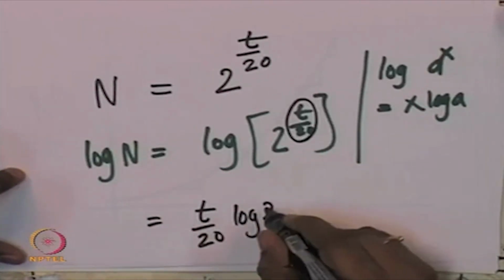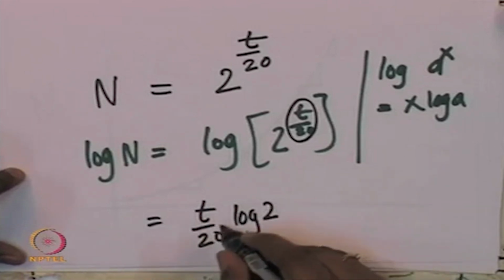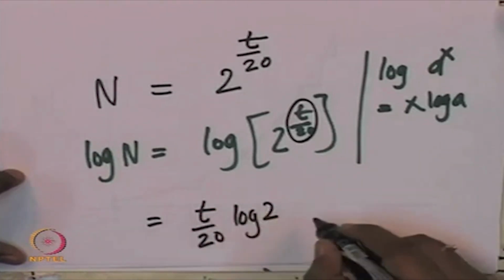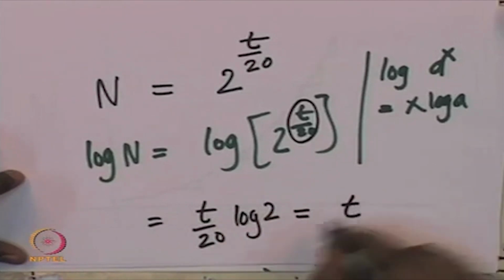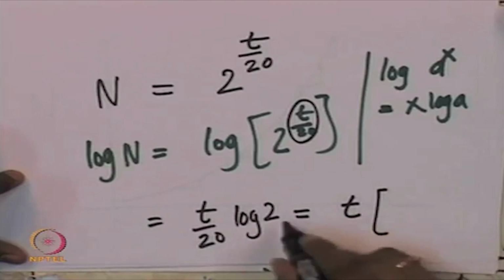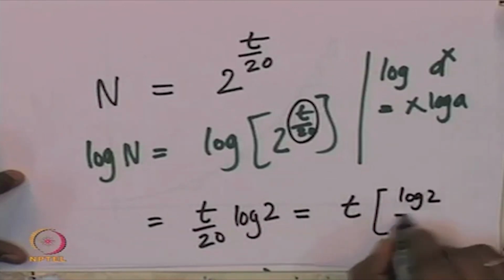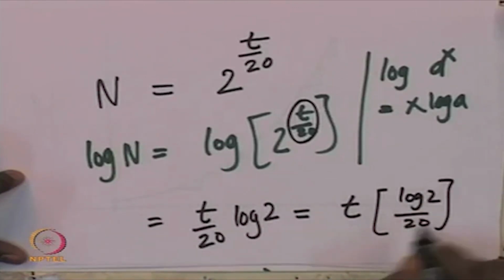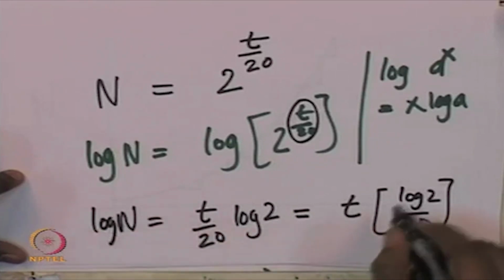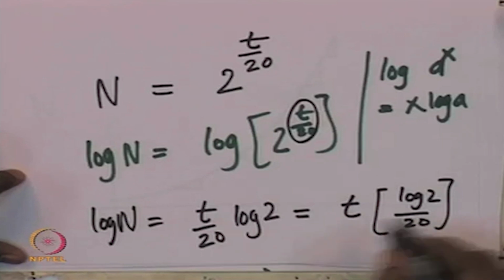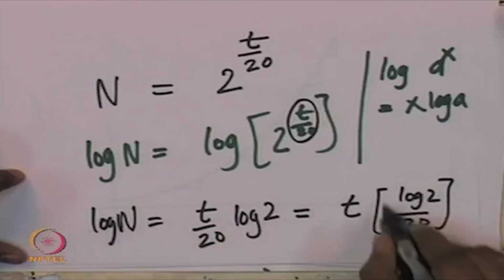So, log 2 is a number, 20 is a number, t is the variable in the x axis. So, you can write it as t times log 2 divided by 20. So, basically log n is t times log 2 by 20. So, this is log n is t times some constant.